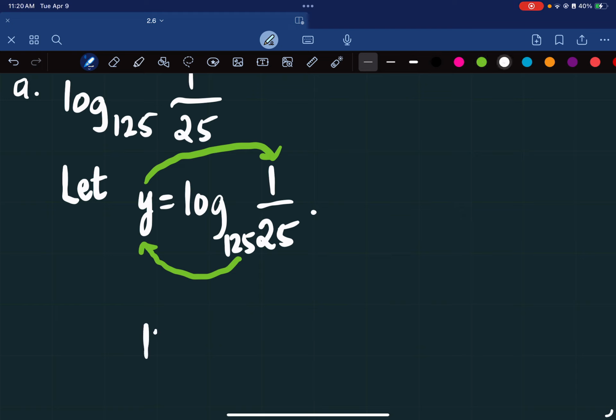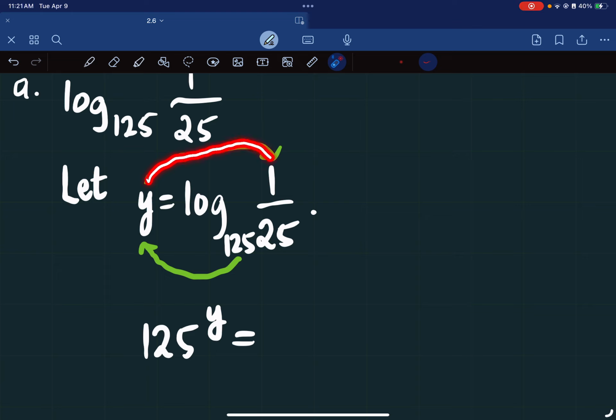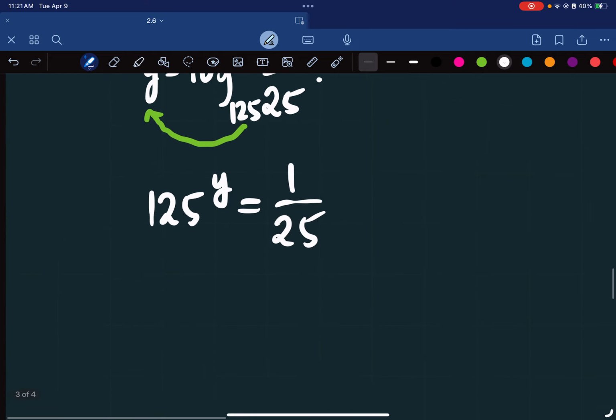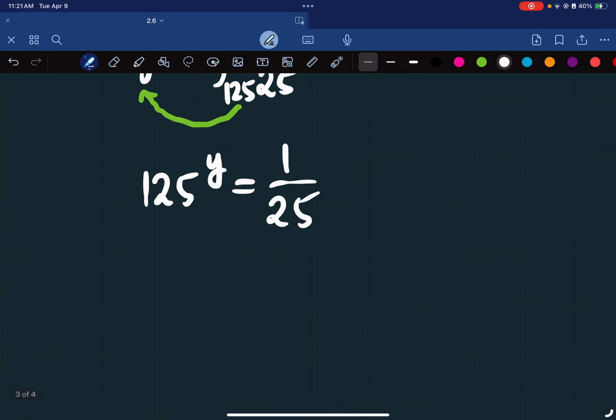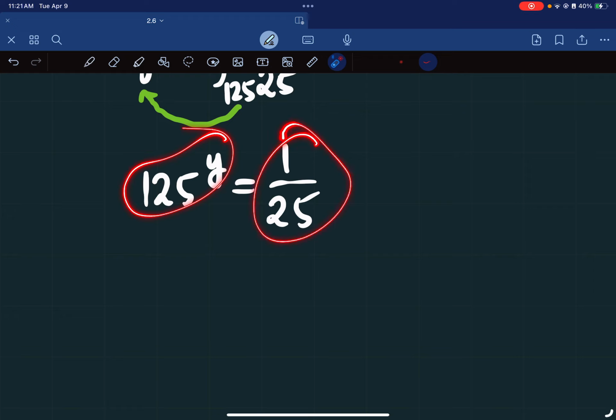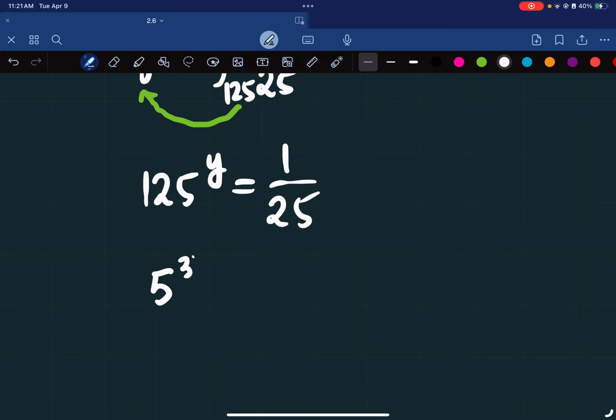So we have 125, the base of the logarithm, raised to y, this one being your exponent, equals this number inside your logarithm, 1 over 25. Now let's apply what we know about solving exponential equations. We want to write these two numbers as exponents with the same base. First, 125, we can write this as 5 cubed raised to y.